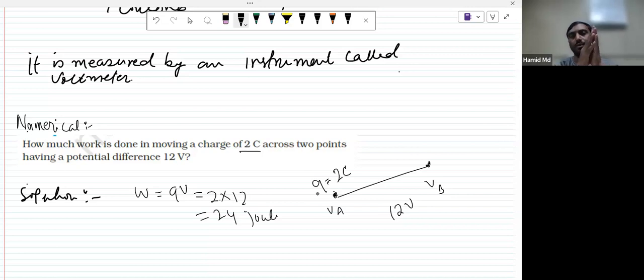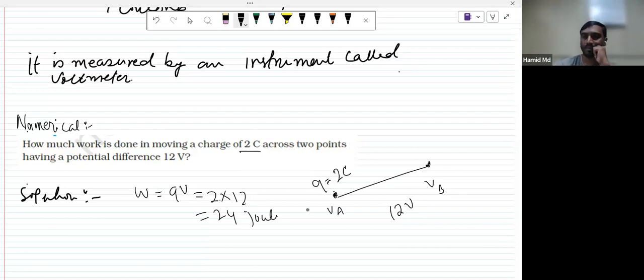To bring a charge from a given reference point to another reference point, you have to do some work against the electric field. That's the electric potential, right? And the difference between potential at 2 points in a circuit is called potential difference.